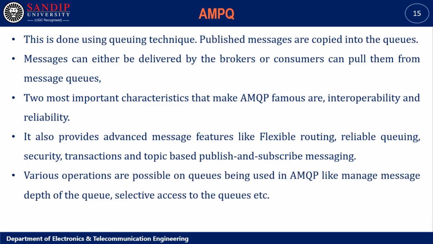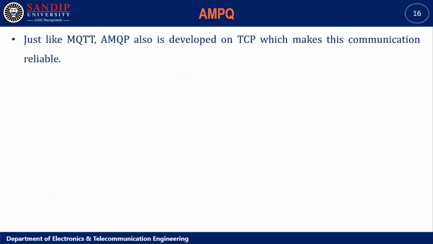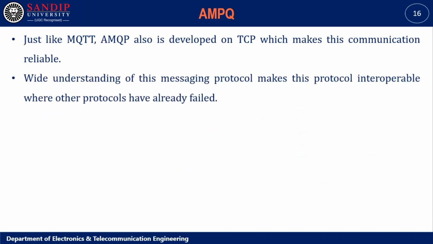Various operations are possible on queues being used in AMQP, like managing the message depth of the queue, selective access to the queues, etc. Just like MQTT, AMQP is also developed on TCP, which makes the communication reliable. Wide understanding of this messaging protocol makes it interoperable, where other protocols have already failed.